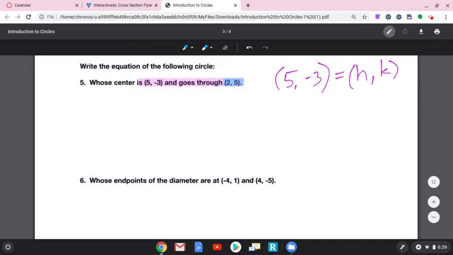Now, I think of that equation. Your equation is x minus h squared plus y minus k squared equals r squared. You're going to plug that 2, 5 in for x and y because the point on that circle varies. It will not always be 2, 5, but 2, 5 can help us find the distance between the center and a point on the circle, and therefore we know the radius.